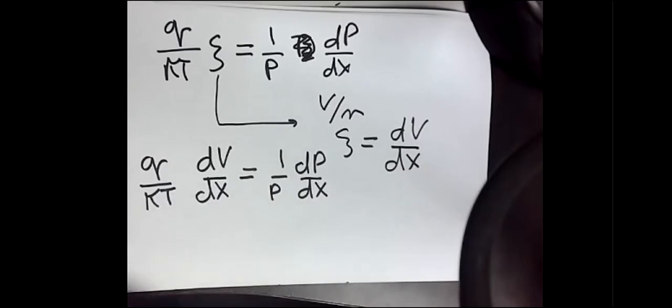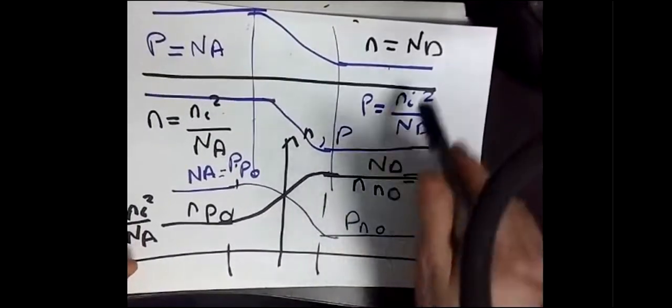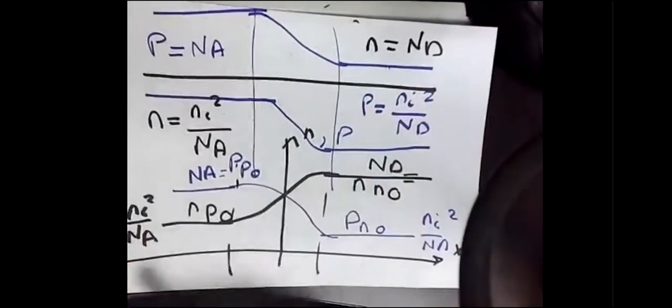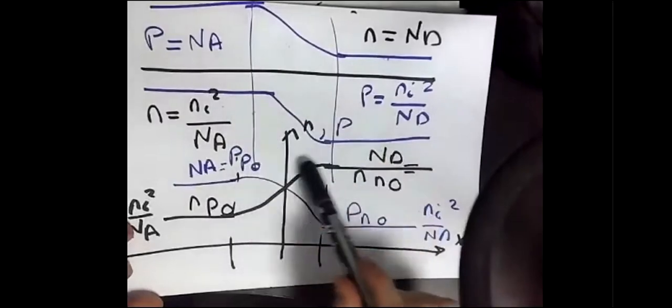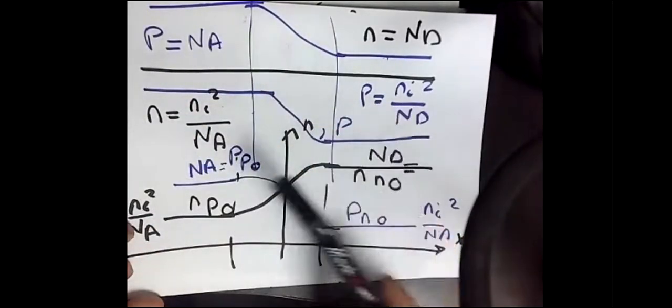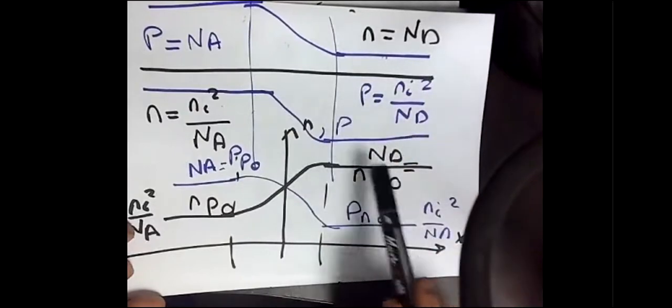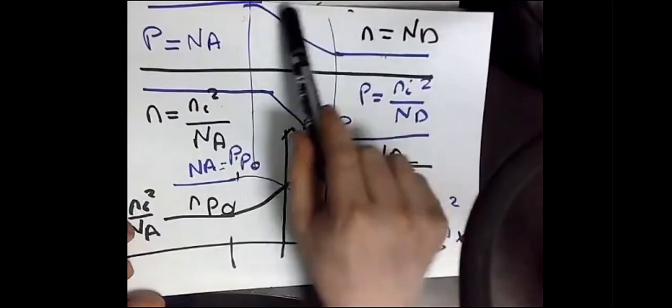So let's turn back to this slide. We only have one voltage in this schematic, which is the built-in potential here. The voltage here is zero, so you don't have integration. The voltage here is zero. You only have voltage here, which is the built-in potential.